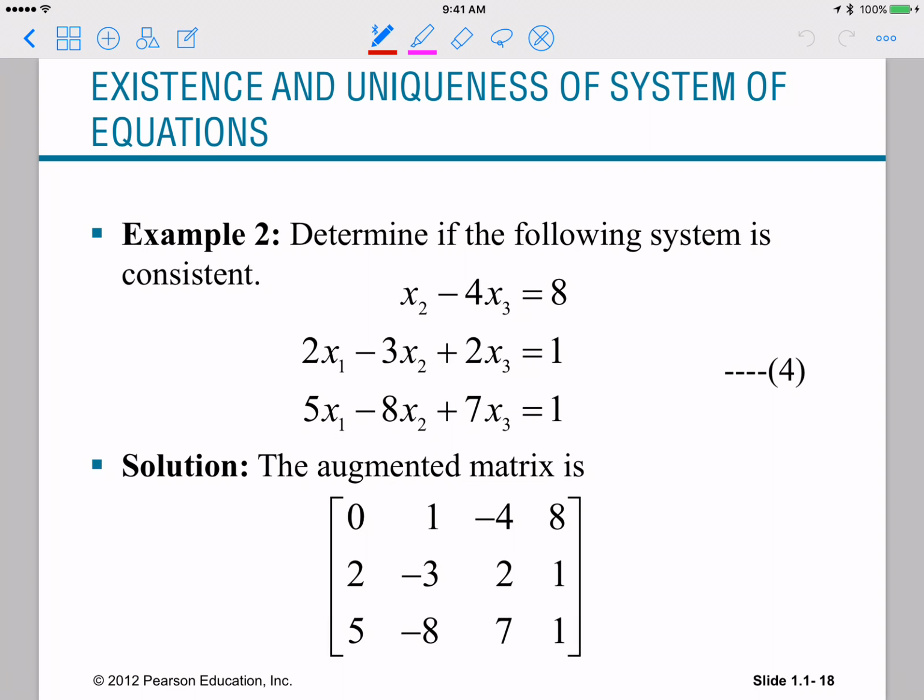Okay, and then let's try to find out whether a particular linear system has a solution or not, or if they have a solution, whether they have one solution or infinitely many solutions. And the way to do it is simply solving this equation by using the tricks that we just learned, using the three different row operations, right?